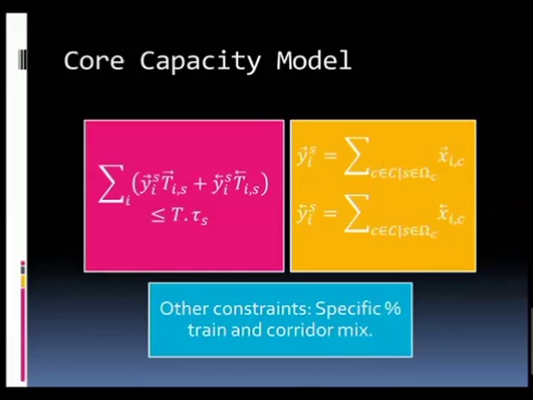That's the left-hand side of the first box. You work out the total number of trains that use that section and multiply it by the time they occupy the section. That's the total time that section is occupied. And that must be less than or equal to the duration of your time period multiplied by the number of parallel sections.